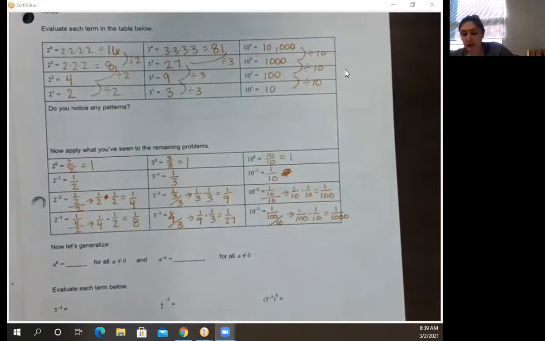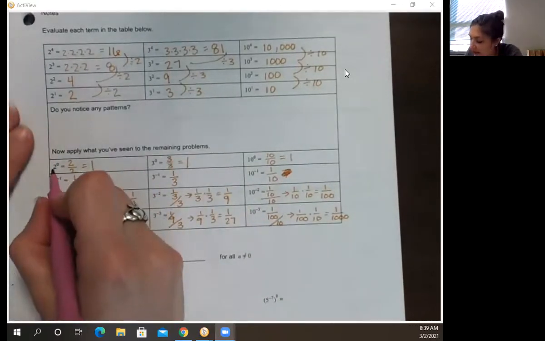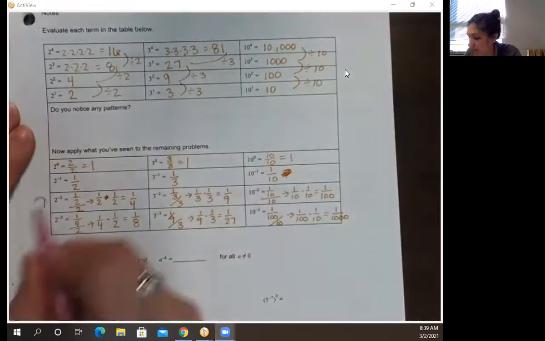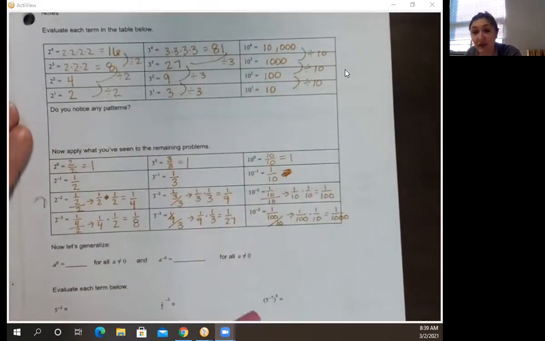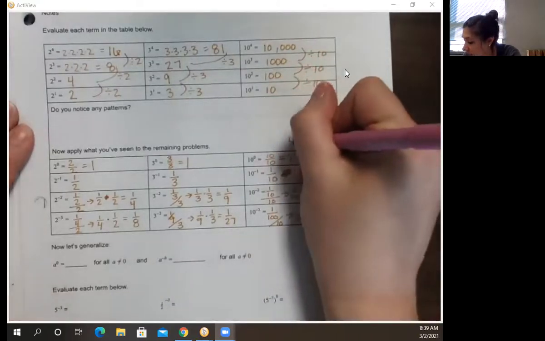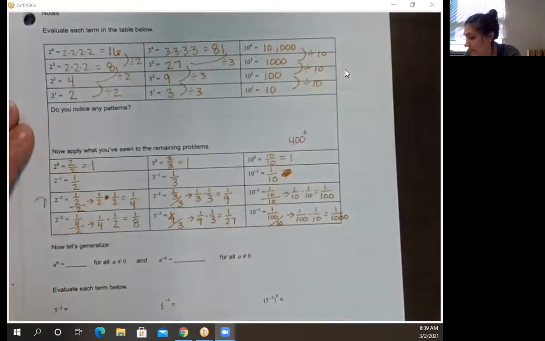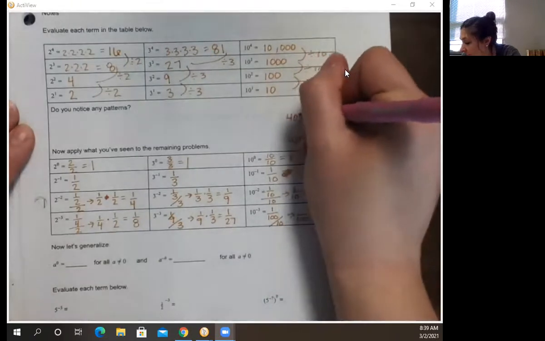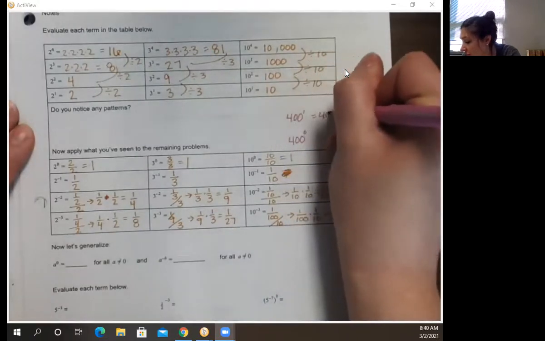Now, I want to point out some things here. Every term we took to the 0 power, we got 1. And this should be true for every number. So if I were to take 400 to the 0 power, 400 to the first power would be 400.